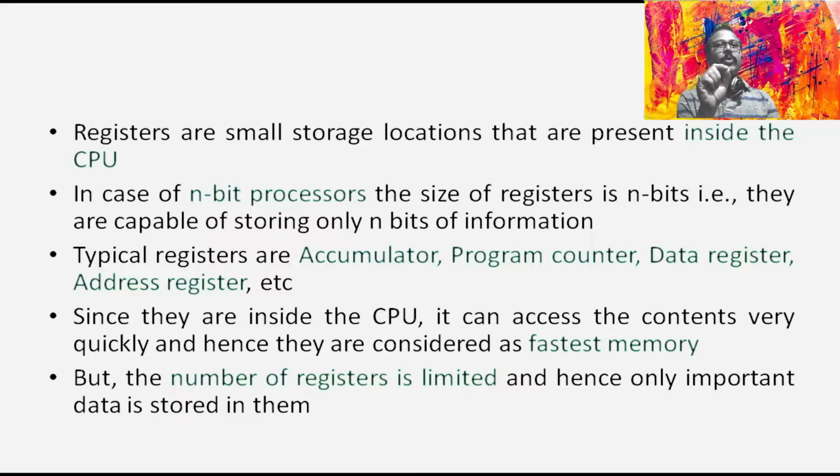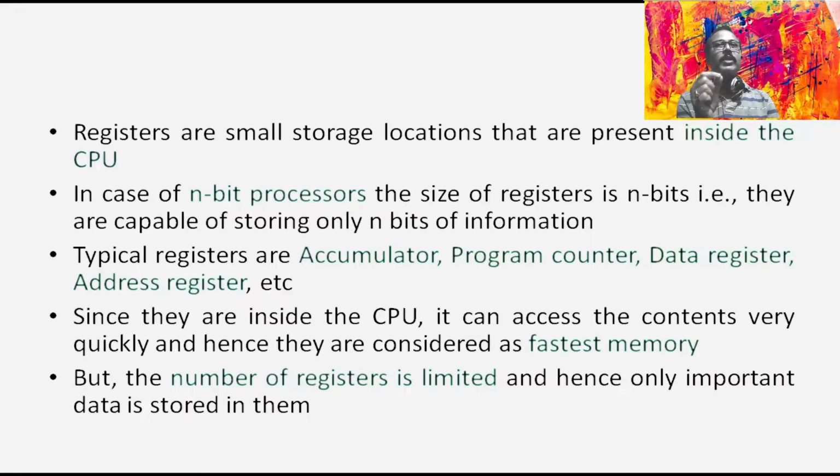Each CPU will have a different number of registers, but again it is limited: 10, 20, 30, not more than that. Some typical registers are the accumulator, program counter, data register, and address register. We will go into the details as and when required.